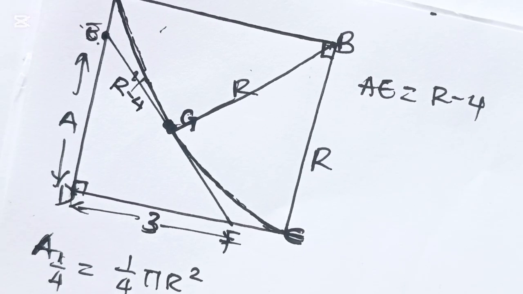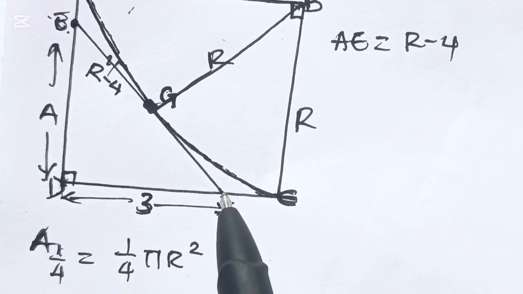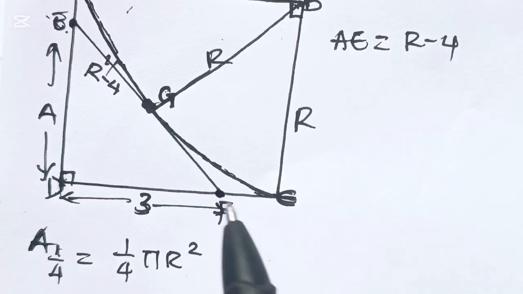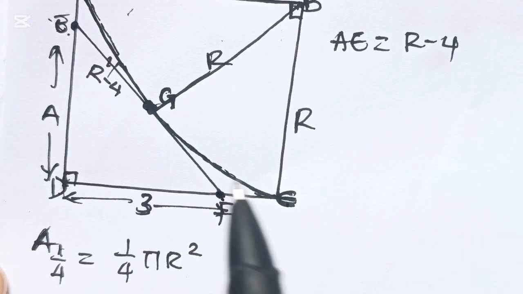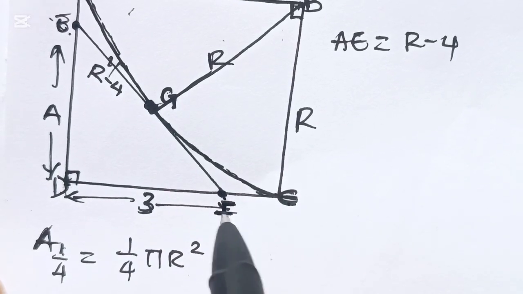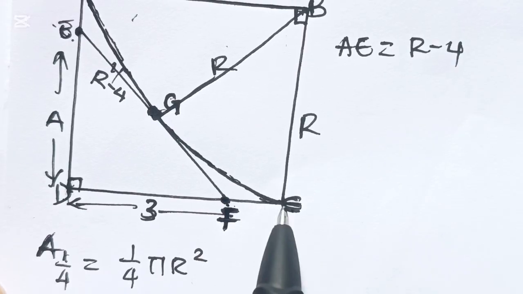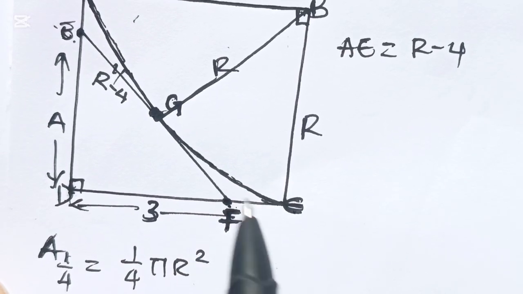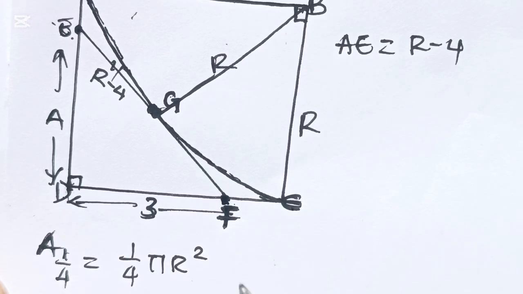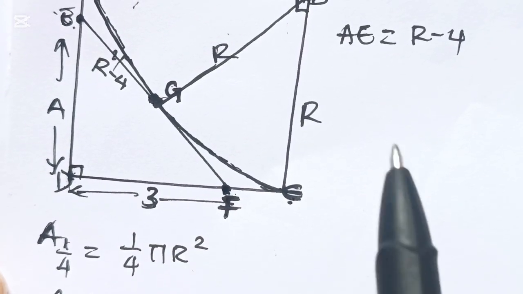Similarly, let us look at this. We can see that F is the point of contact between the tangents FC and GF. So GF and FC are external tangents to this particular circle and they meet at F. So it means that FC is equal to GF.